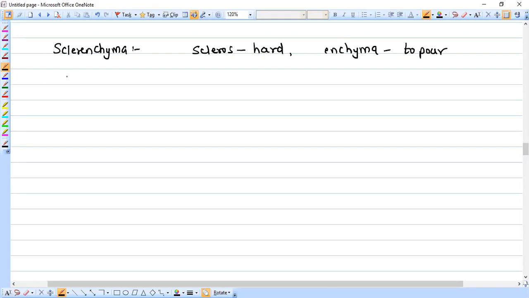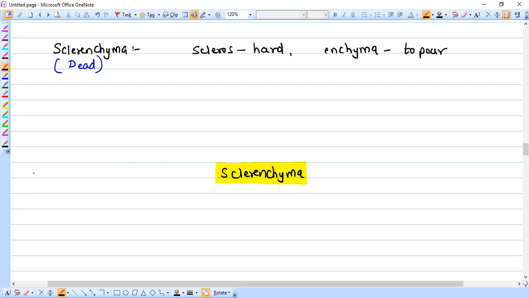And among parenchyma, collenchyma and sclerenchyma, remember it is only the sclerenchyma which is dead. The rest are all living. So let's see the characteristics. So what we are going to do, we are going to put here sclerenchyma. To this sclerenchyma, let's do a shade so that we can write the characteristics.